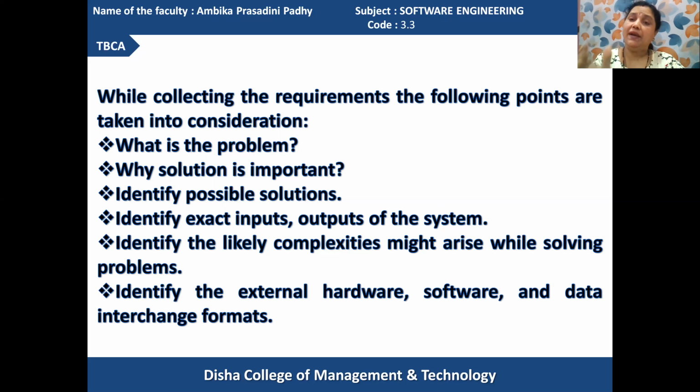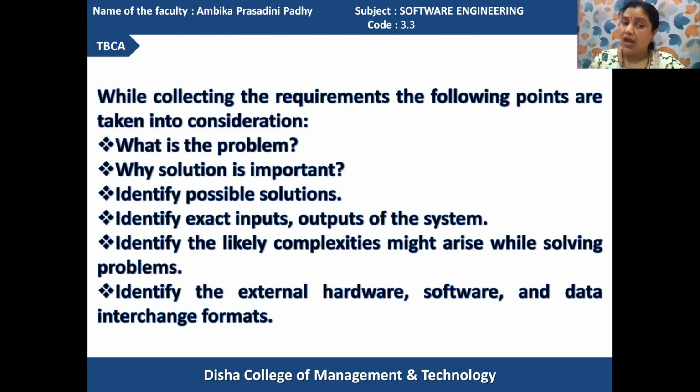When you have identified the problem, we have to find out why the solution is important. The customer specified that it is his problem. Whether the problem really exists, whether its solution is really needed or not. If it is identified that this really is the problem, then the answer for this problem is to be identified.